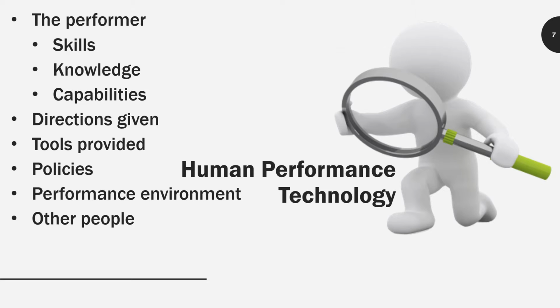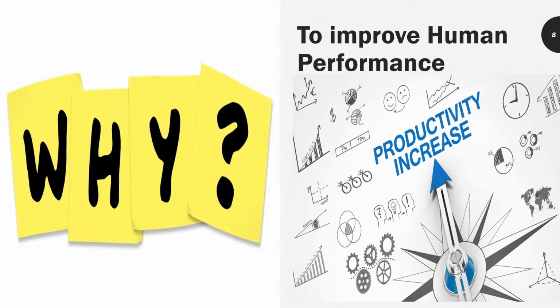Influential factors are anything impacting the performance. HPT is a process of evaluation or examination of human performance and all influential factors of human performance in order to improve human performance.